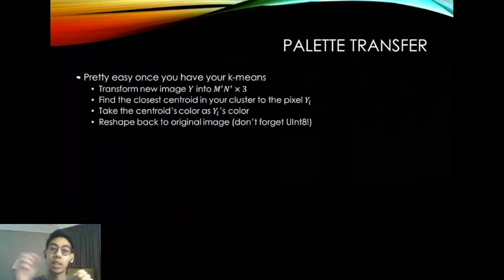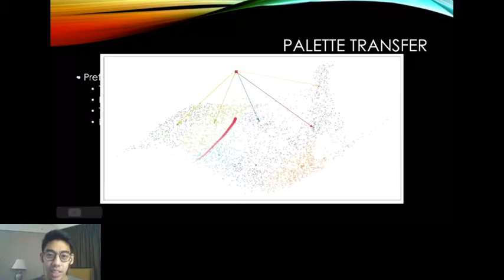We just want to find what's the closest centroid in that cluster, in the other image, right? So it looks something like this. Let's say I have a new pixel in my second image. I just have to measure the distance between this pixel and the centers, right?